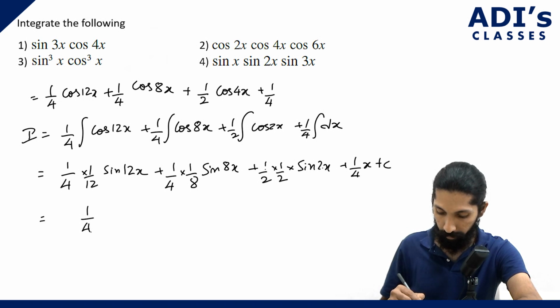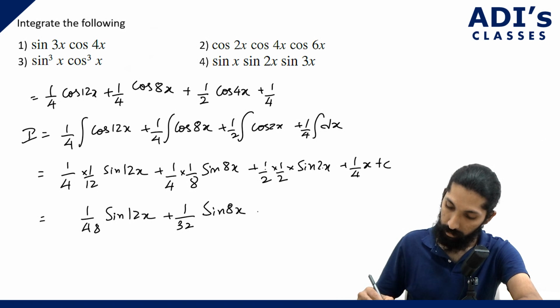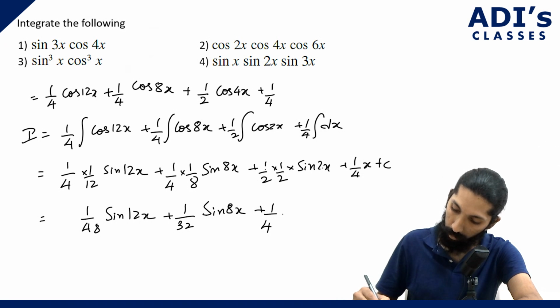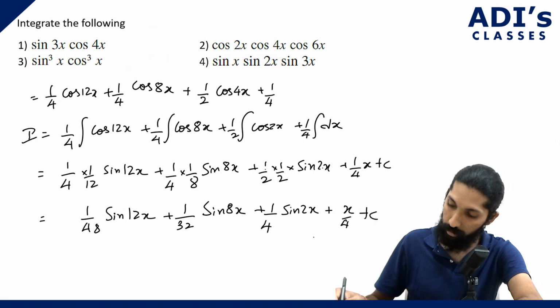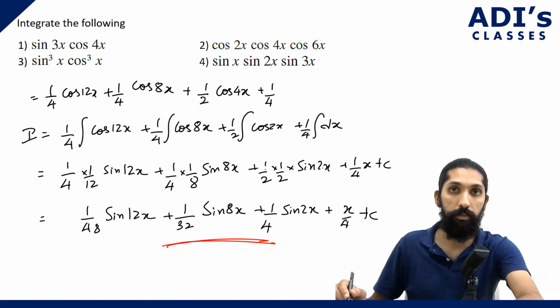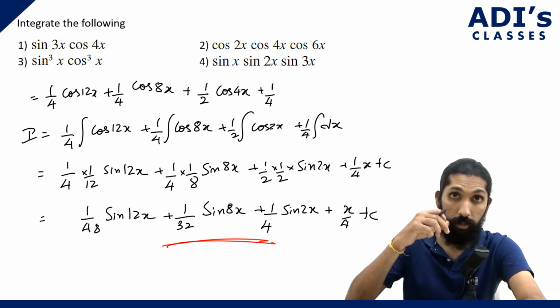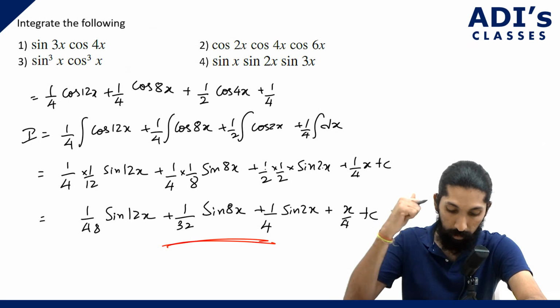So 1 by 48 sine 12x, 1 by 32 sine 8x, 1 by 4 sine 2x plus x by 4 plus c. This is the final answer for the second one. Got it? Now the fourth one, what you're seeing on the board, that's also very similar to the second one.